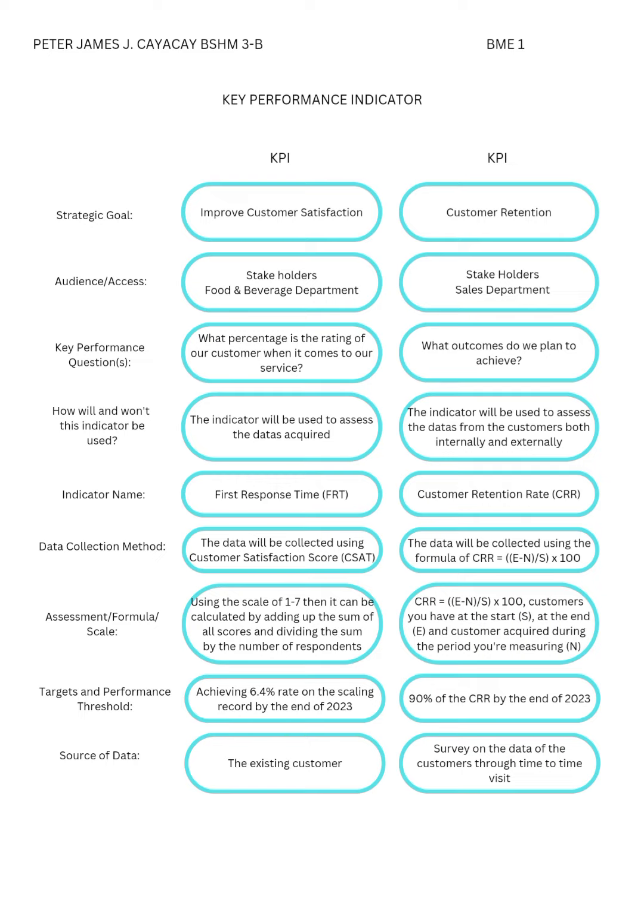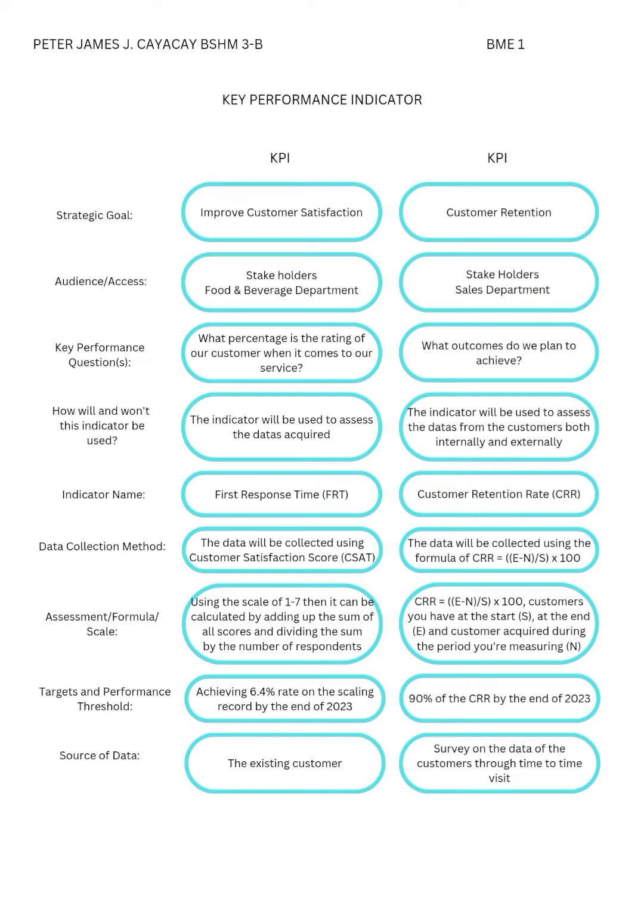On the data collection method, we should use the customer satisfaction score to measure customer satisfaction, and for customer retention, we should use the formula CRR equals E minus N divided by S, multiplied by 100. So for the assessment formula or scale, when measuring customer satisfaction, we should use a scale of 1 to 7.